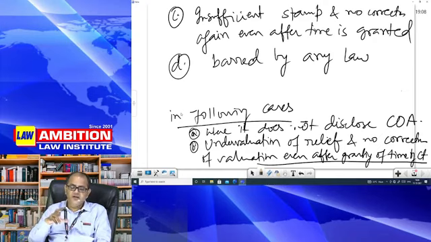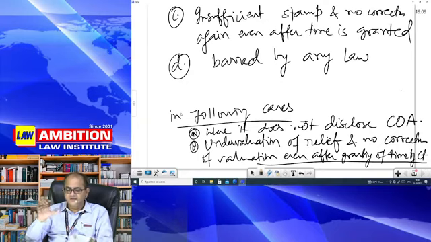Though this amendment was brought in the year 2002, I must clarify that Order 7, Rule 11, clauses A to D stand on a different footing than E and F. E and F are procedural in character, and the Honorable Apex Court in Salem Bar Advocate Association has clarified.